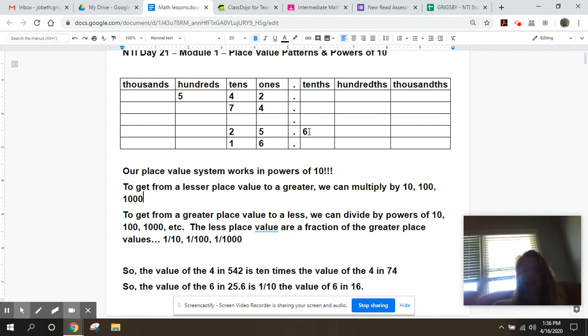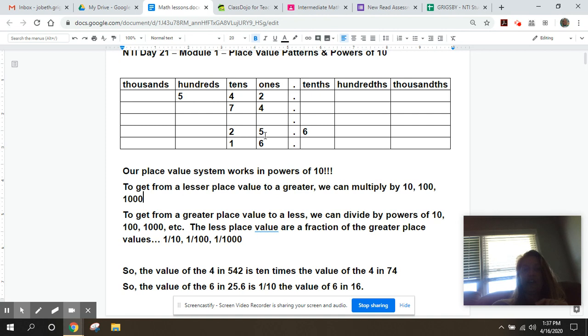Or we could say it another way. The value of 6 in the number 16 is 10 times the value of the 6 in 25 and 6 tenths. Because this 6 is in a greater place value.